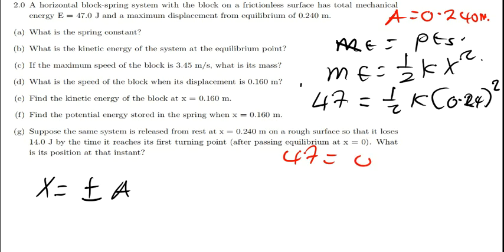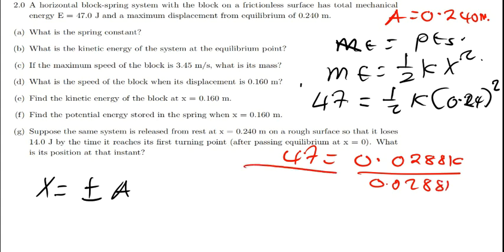I'm getting 0.0288k. I divide this side by 0.0288, and this side as well, so these two will cancel out. So my k value will be equal to 47 divided by 0.0288.